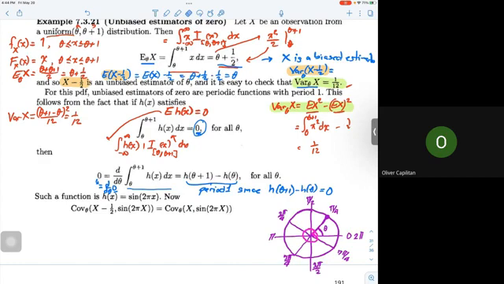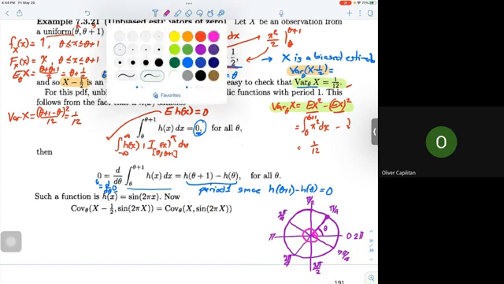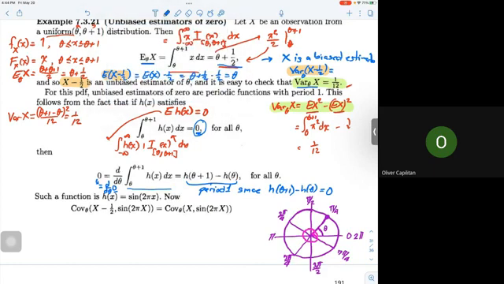Now if we're going to compute for the covariance, ito na ngayon yung mas importante. Ano nga yung covariance natin? Yung covariance ng W, the unbiased estimator of our function of the parameter, tau of theta.